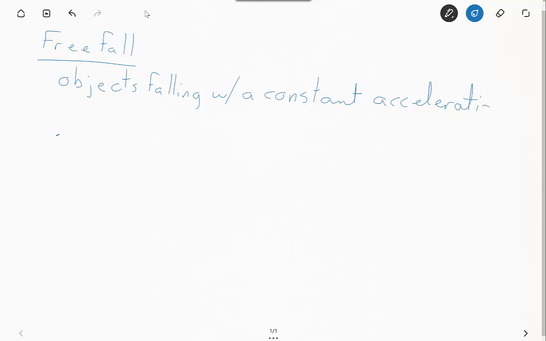When we are talking about free fall, we are talking about objects that are falling with a constant acceleration, which means that there is no air resistance.